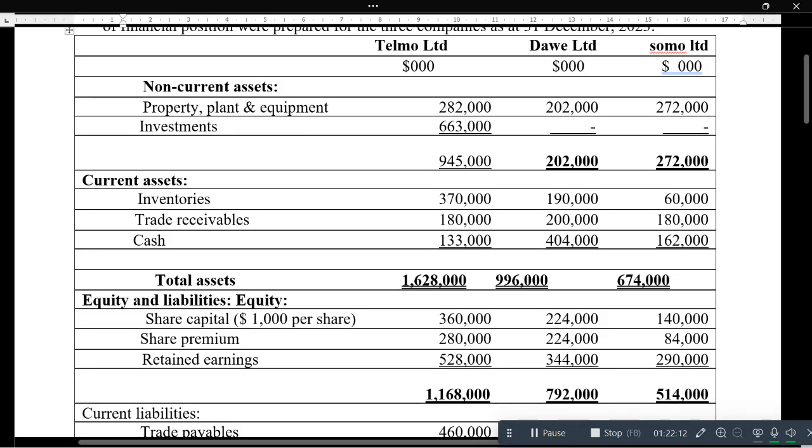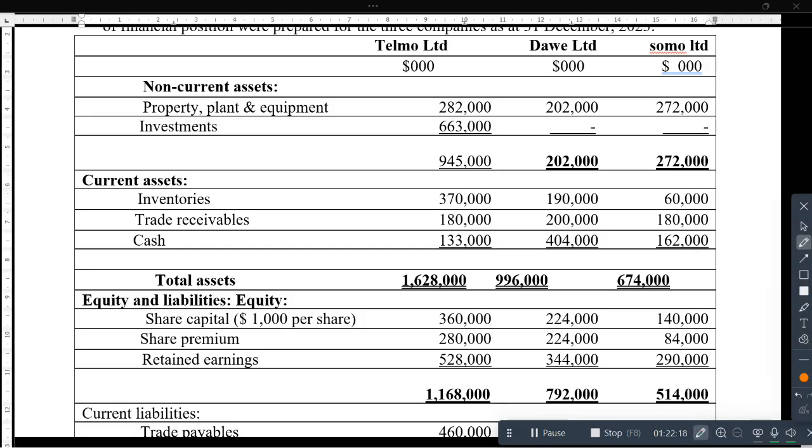So we are going to add 370 plus 190. Don't add 60. Don't include this one. This is an associate. We don't consolidate or add it on our financials. We are only adding inventory for parent and subsidiary, trade receivable for parent and subsidiary, and cash the same way.